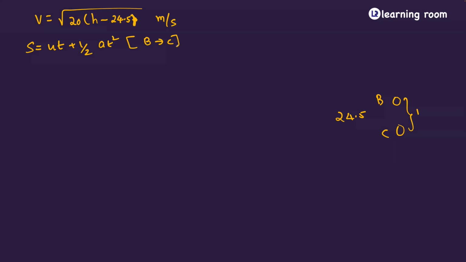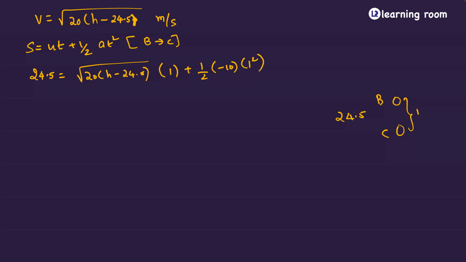What will we get? 24.5 is equal to u, which is square root of 20 into h minus 24.5, into time, which is 1 second, plus half into minus 10 into 1 square. Am I clear with this? So this will go 5 times.